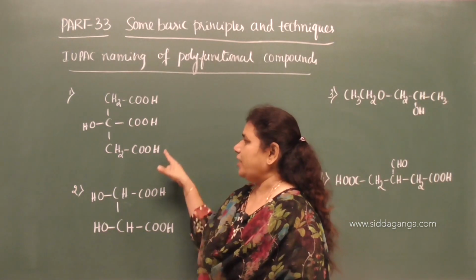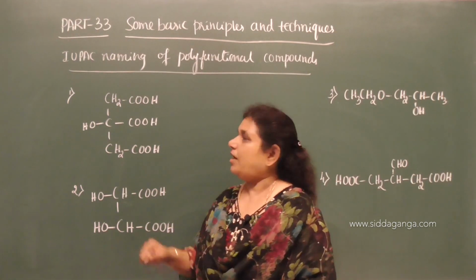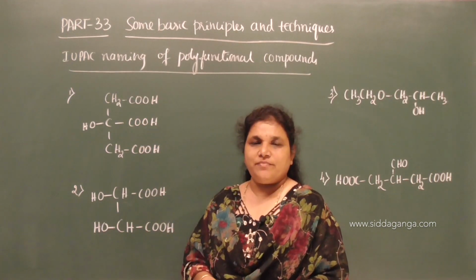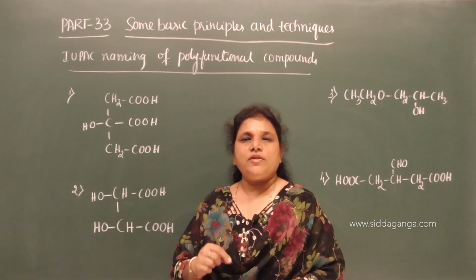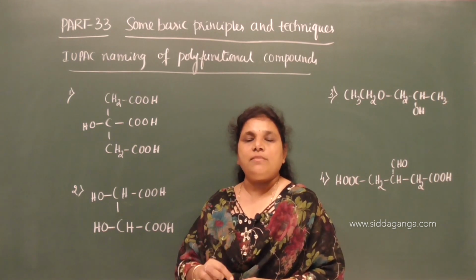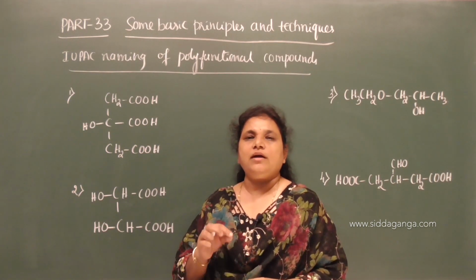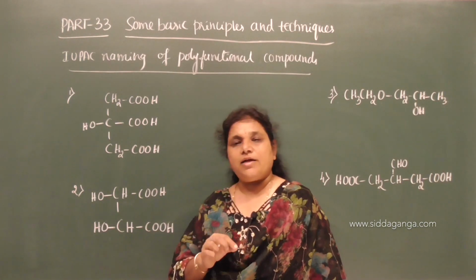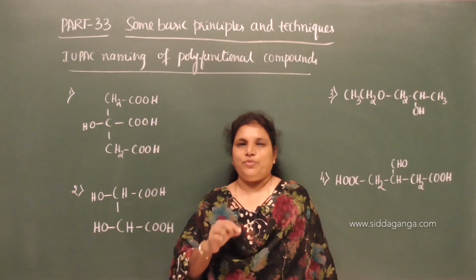Then we need to name these functional groups as carboxylic acid, and we are not considering the carbon atoms in the root word. Whenever an organic compound contains more than two like carbon containing functional groups, especially terminal carbon containing functional groups, then the carbon atoms of the functional group are not considered in the root word.